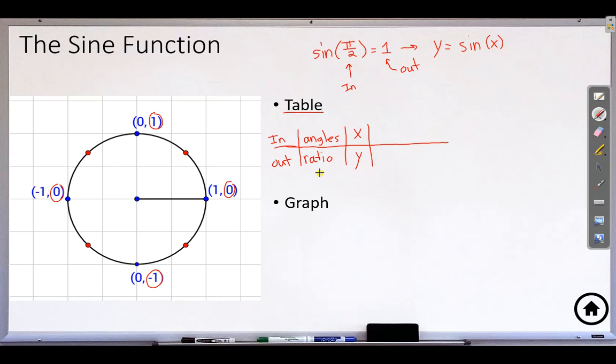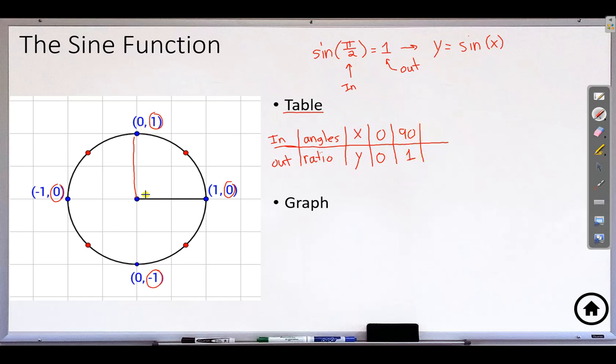So our input, our first angle down here, is 0, and the y value is 0. Then our next input, this angle here, you can think of as degrees or radians. Degrees is probably easier, so let's stick with that for right now. That is 90 degrees, and so our sine value is 1. It's the y value.